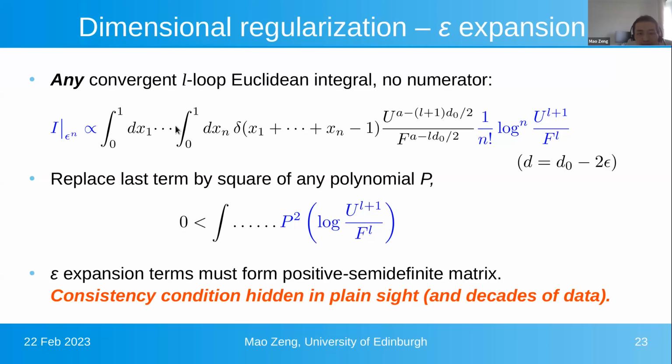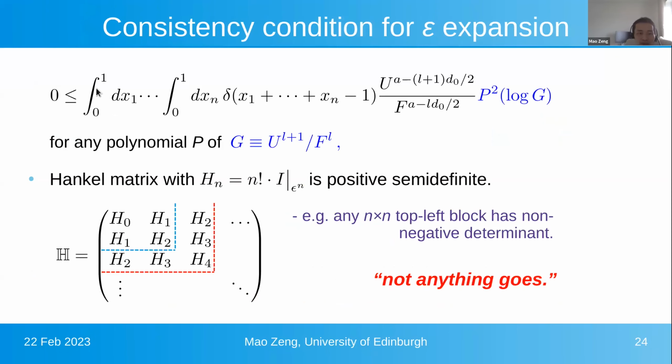And so by the same logic we had before, you have some quadratic expression in the monomial coefficients, and that's positive for any choice of coefficients of these monomials. And so you get the constraint that some matrix must be positive semidefinite.